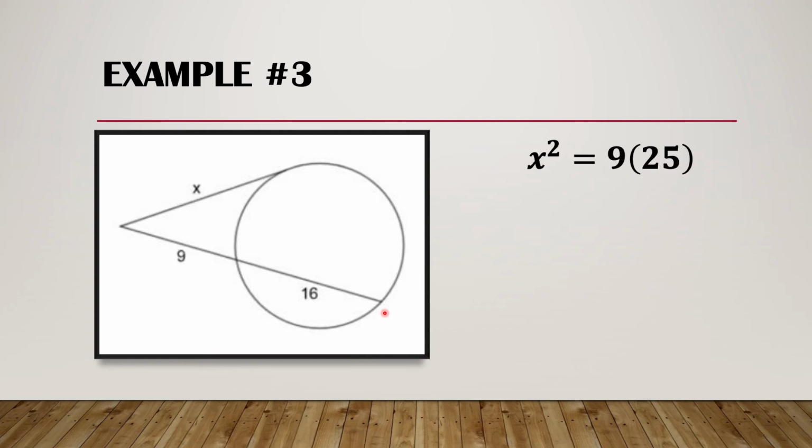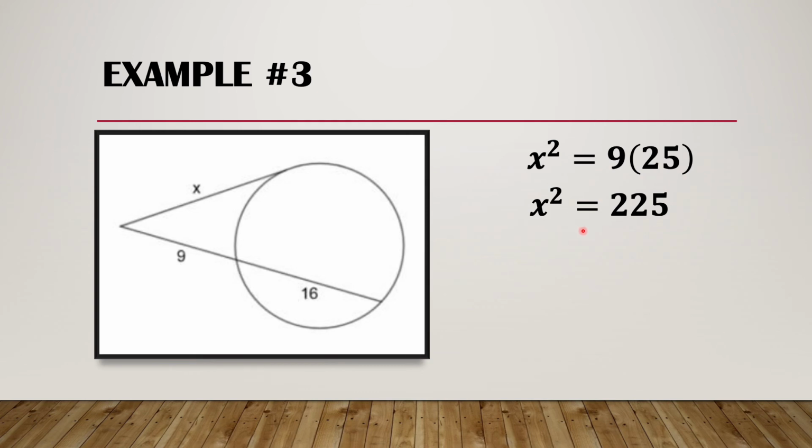Our equation now will be the square of the tangent, so that is x squared, equals secant, so 9 plus 16, that is 25, multiplied to its external secant segment, which is 9. So our working equation is x squared equals 9 times 25.